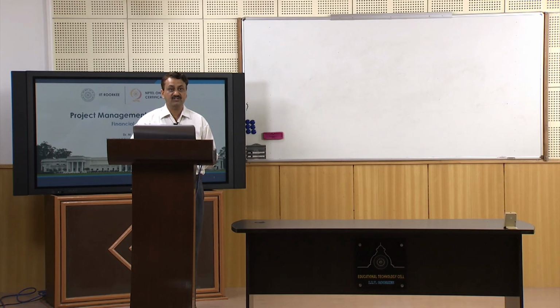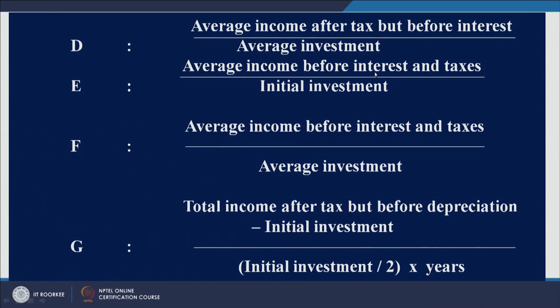The fifth measure is average income before interest and taxes, and this one was after tax but before interest, while in case of E it is average income before interest and taxes divided by initial investment. Here it was average investment.